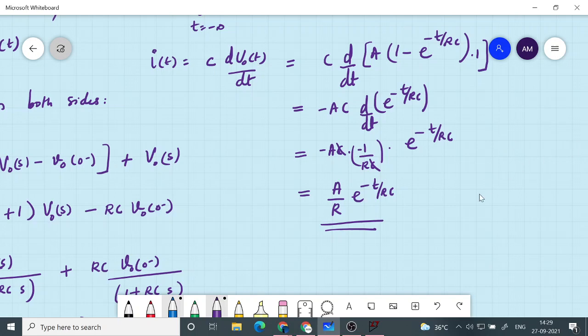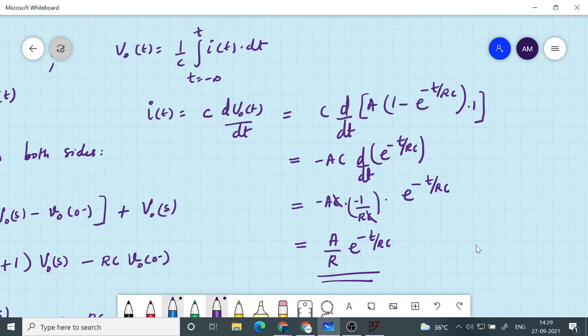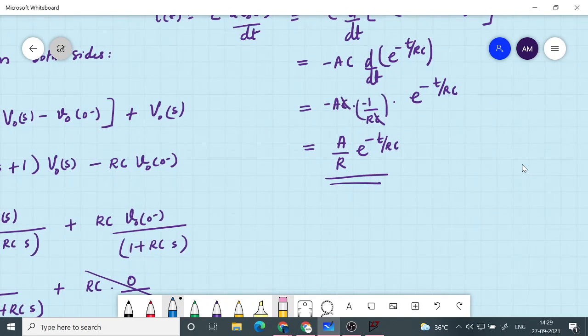So we can combine both cases. This is for t greater than or equal to 0. For t less than 0, sorry, I of t is 0. So therefore, for all time we can say I of t is equal to 0 for t less than 0, and A by R into e raised to minus t by RC for t greater than 0.